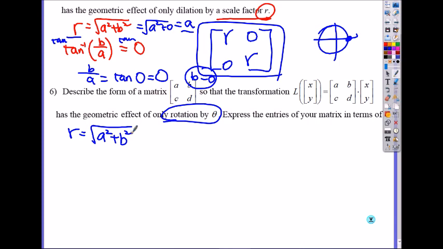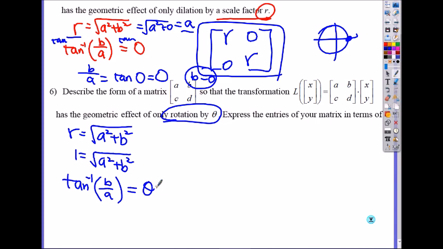If there's no dilation, it should be 1, not 0, right? So 1 equals the square root of a squared plus b squared. So I cannot figure out what a and b are. What about theta? Arctangent of b over a, always, right? y over x was equal to the angle, which they said is theta.